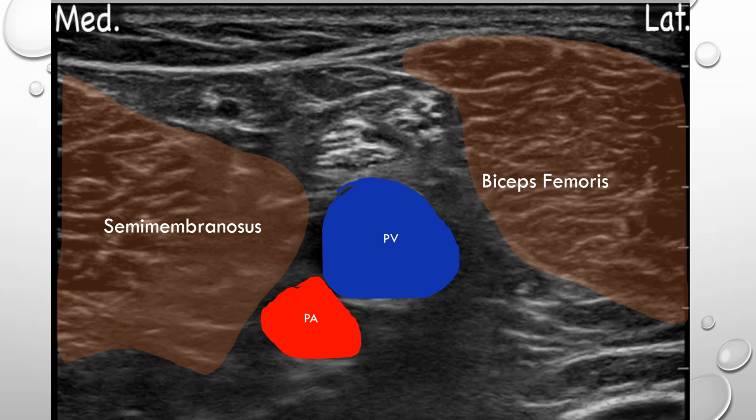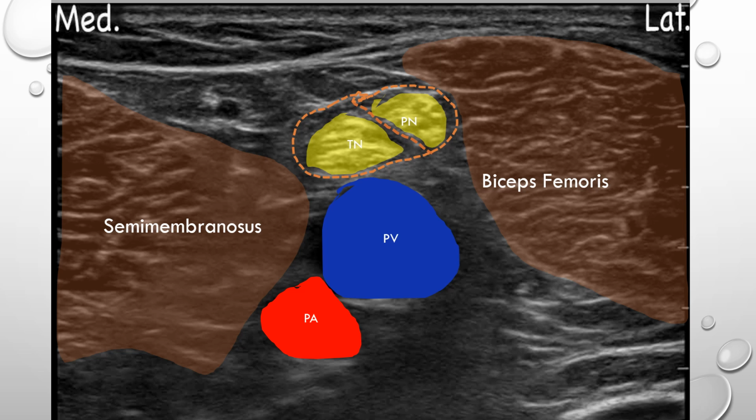The popliteal nerves are surrounded by the paraneural sheath of Vloka, and in between the tibial and the common peroneal nerve lies a septum of Compton-Cruveilhier. The tibial nerve is seen on the medial side and the common peroneal nerve on the lateral side, just underneath the biceps femoris muscle.